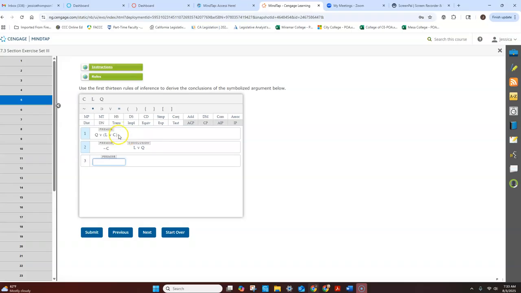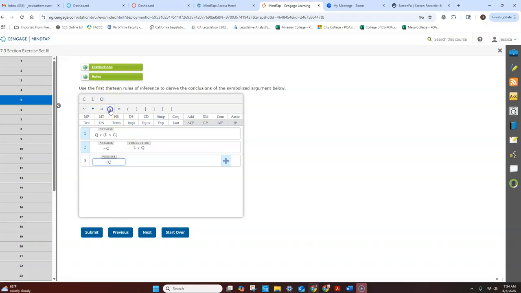I'm going to look at the first premise. I'm going to say, you know what? This one lends itself to a replacement, right? We can use associativity on line 1 in order to get, just as if that's just regrouping this, because you've got Q or L or C. So we can regroup these to go like this.